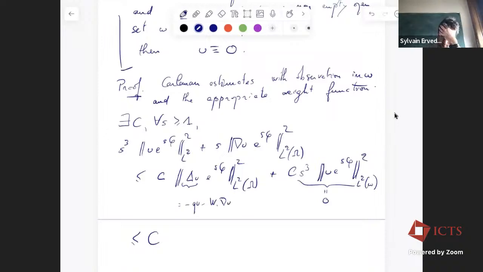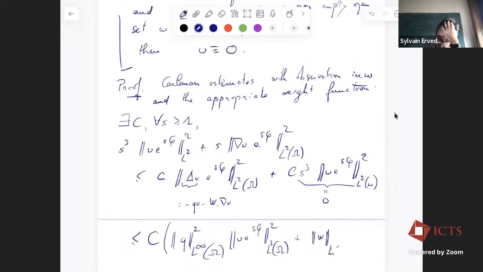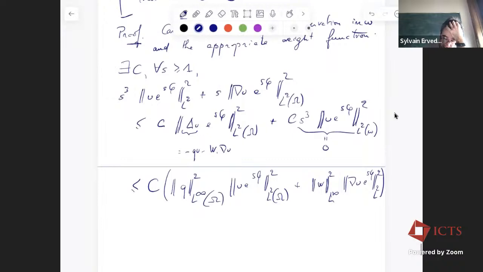So it will be less than a constant times the norm of Q in L infinity of omega squared times u exponential s phi, plus the norm of W in L infinity squared times gradient u exponential s phi in L2 squared.